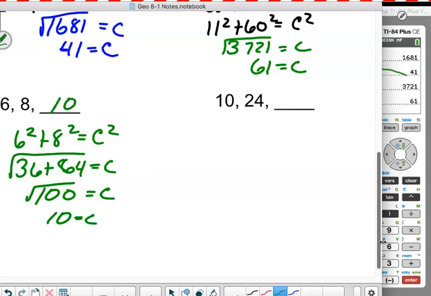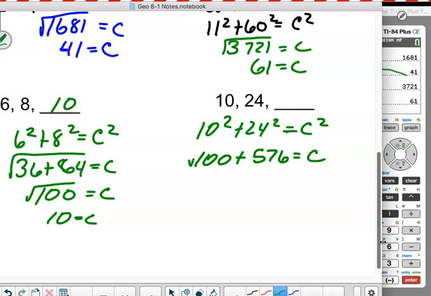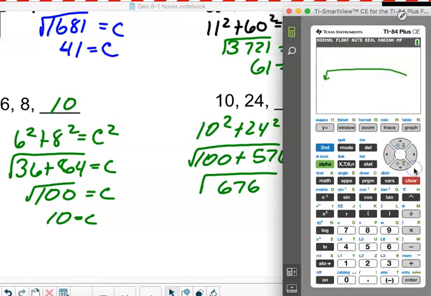I got 2 left. 10 squared plus 24 squared equals c squared. This is 100 plus 576, which is equal to c squared. If I take the square root, that's the square root of 676, and in case you forgot, that is 26 squared.